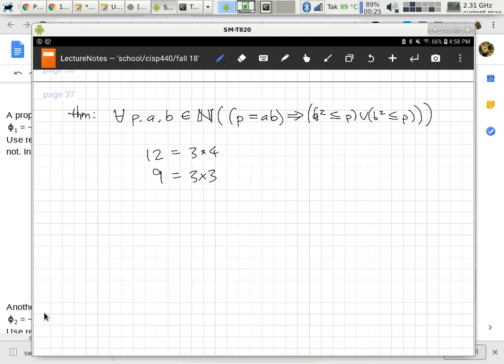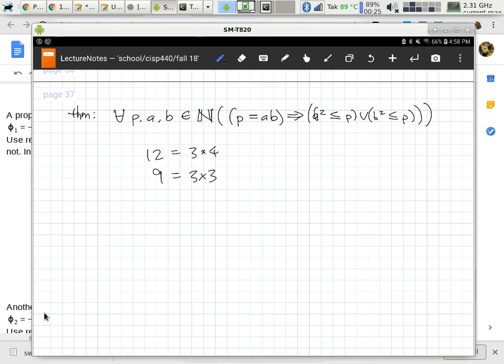So I bet you cannot find a number where both factors are greater than the square root of the number itself. But just because you cannot find an empirical example doesn't mean it is universally true. Maybe you haven't spent enough time to find it. Right? So now the question is, how do we prove this?